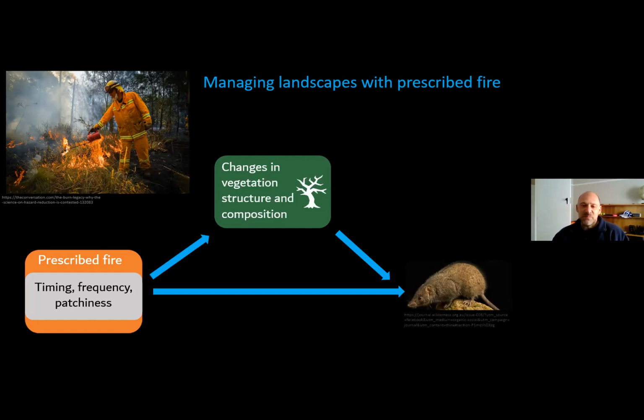So species may respond indirectly to fire in this sense, through the effect that fire has on vegetation. Understanding whether species are responding directly to fire or indirectly to fire, or perhaps both, is an important basis for using fire for conservation.